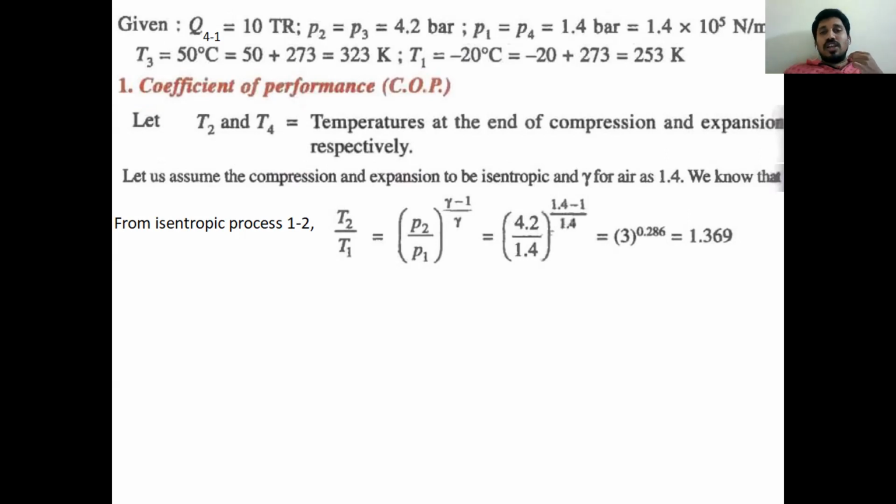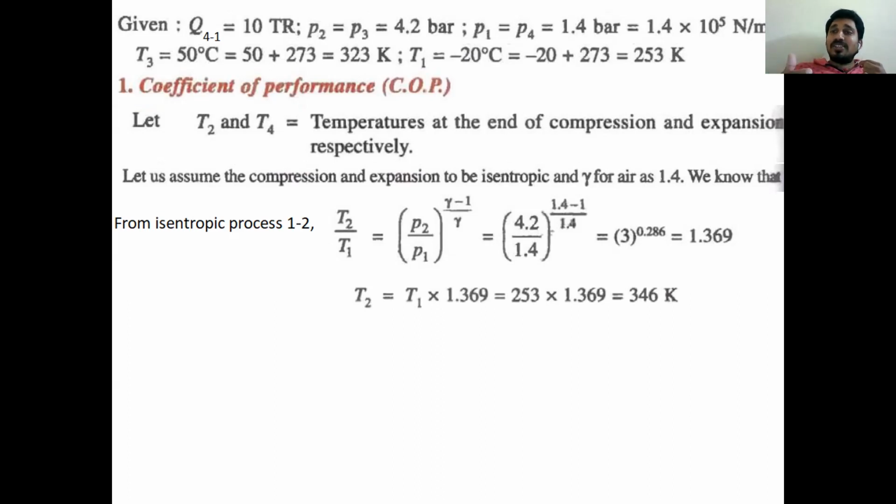Using the relation T2 by T1 is equal to P2 by P1 power gamma minus 1 by gamma, P2 is the maximum pressure in the cycle, P1 is the minimum pressure, gamma is 1.4, and T1 is already given as 253. By substituting all values, we get T2 as 346 Kelvin.